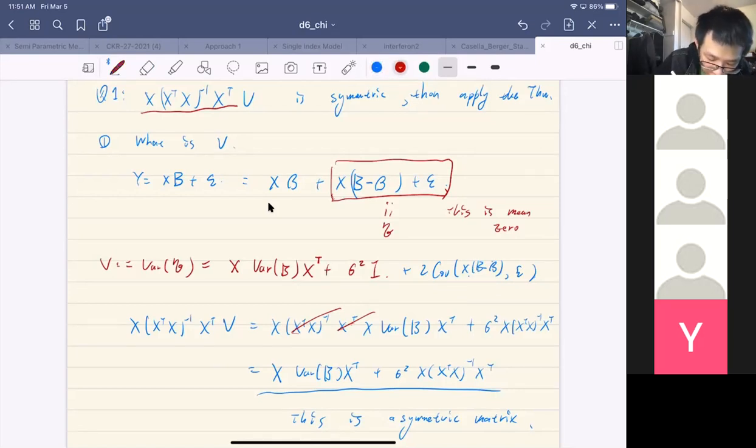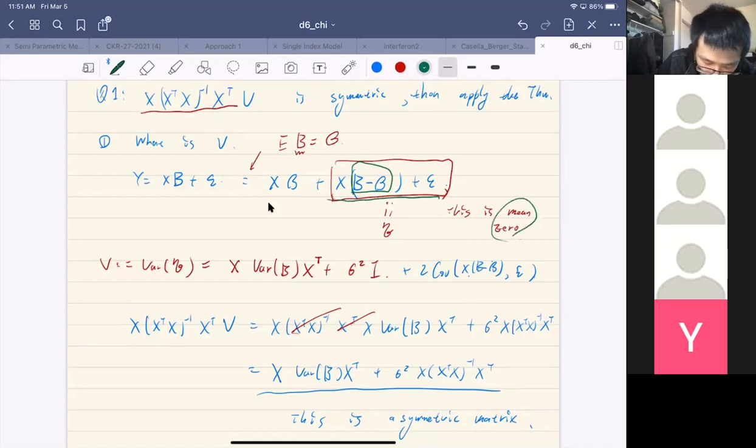Sorry, I was not careful. So the mean of this is beta. This is the only random part. So that's the reason why I want to do this, to make sure the noise is mean zero.